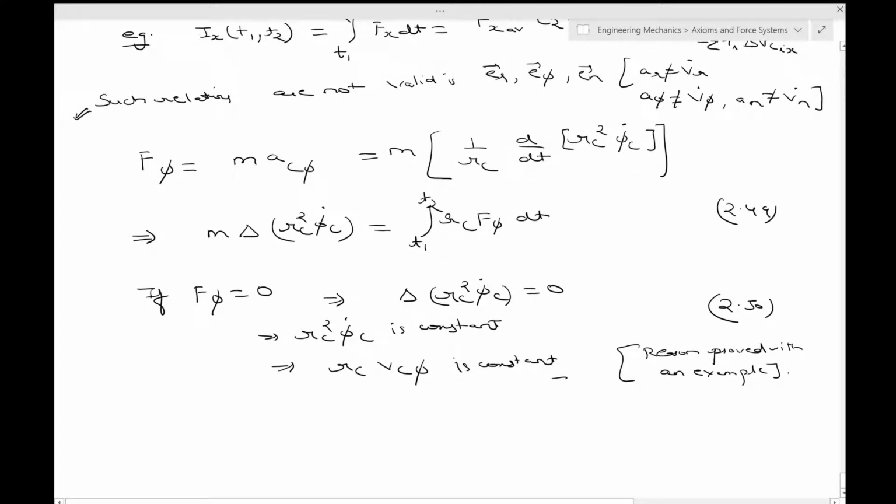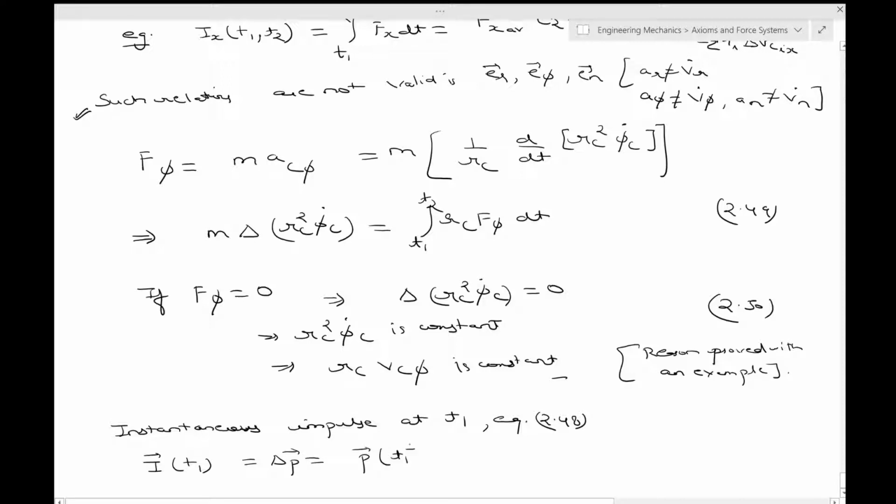Now we want to write the instantaneous impulse at T1, so we'll take up equation 2.48. Equation 2.48 gives us I at T1 is equal to delta P. This would be P of T1 plus minus P of T1 minus.